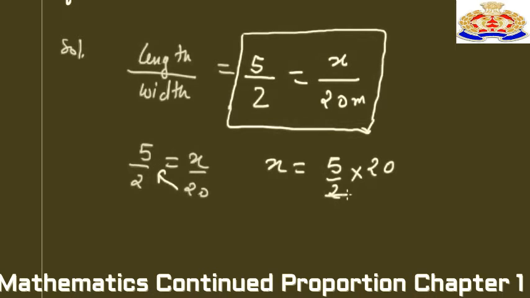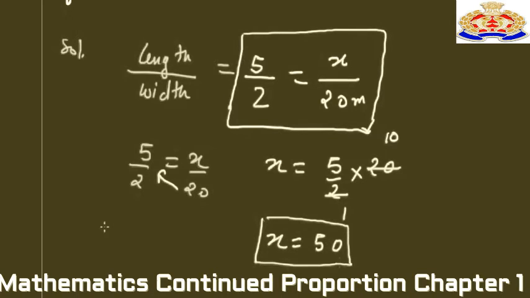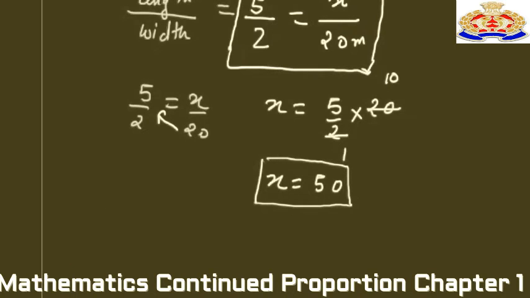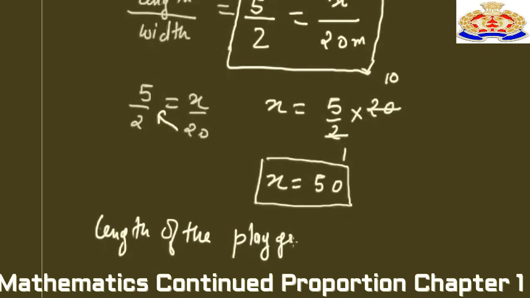So 2 will cancel 20 ten times. So x will be equal to 50. Now what is x? We have assumed x as the length of the playground. So it will be equal to 50 meters.